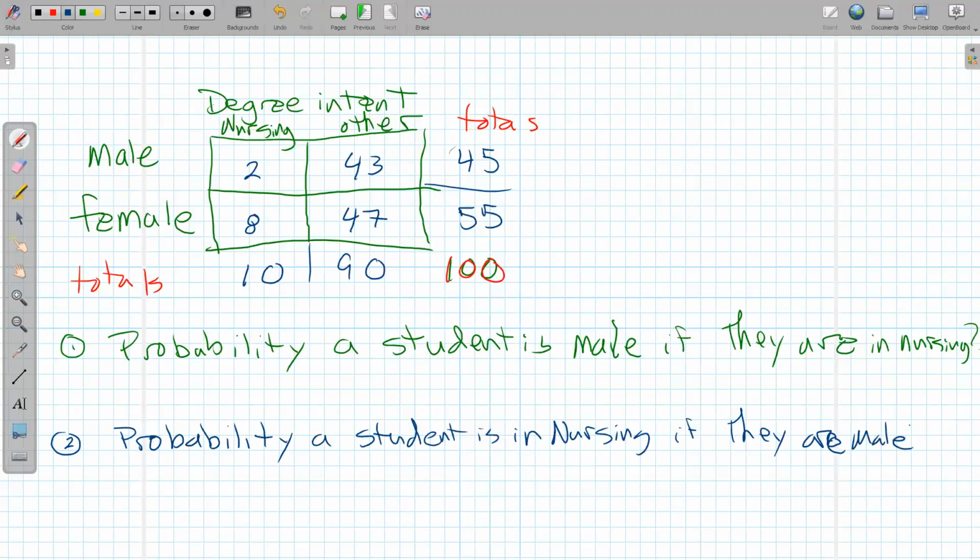All right, so think about those two questions for a second and see if you can come up with a fraction, percent, or decimal to answer each of those questions. Feel free to keep it to yourself. If you want to put it in the chat, that's always cool too.